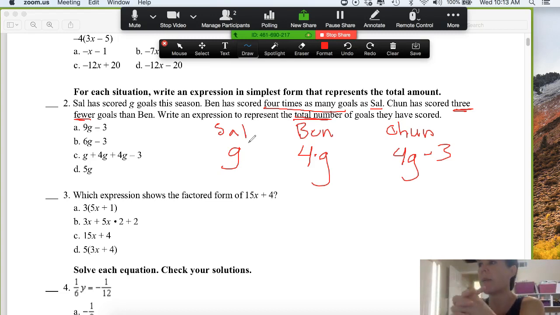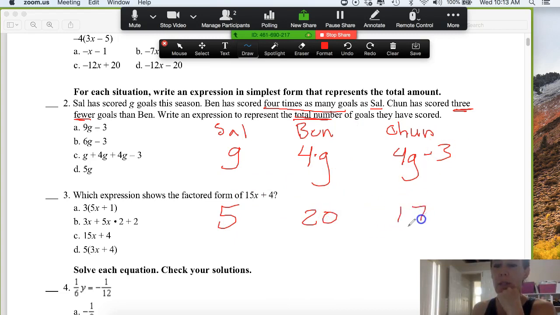Okay, so let's say Sal scored 5 goals, Ben scored 20, and Chun scored 17 goals. How would I find out the total number of goals scored? Add them up. Yeah, so right here, you want to know the total, add them up.